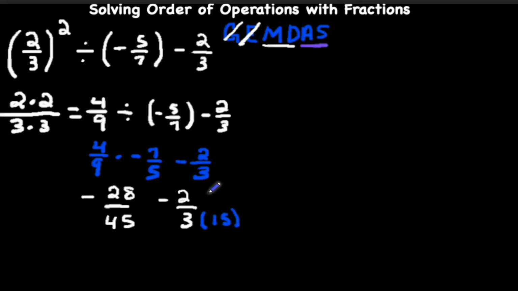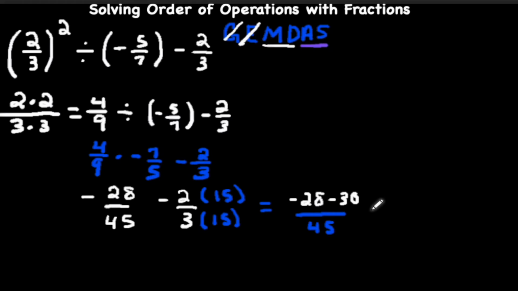Whatever you do to the denominator, you must also do to the numerator. So we can go ahead and proceed as normal. We have a common denominator of 45, and we have -28 minus 30, because -2 times 15 is -30, right?